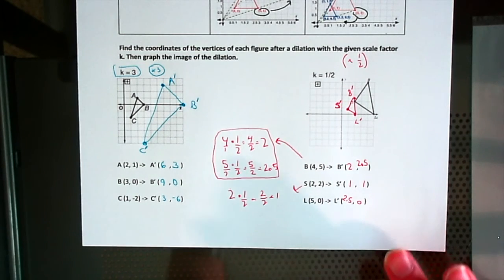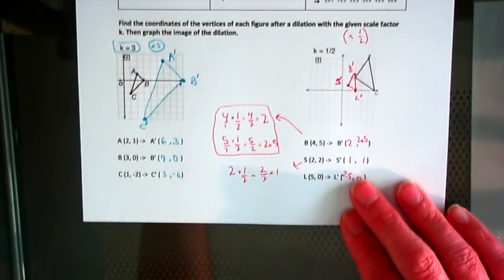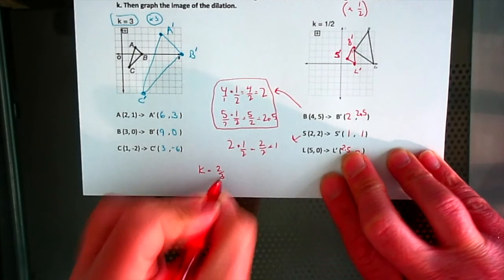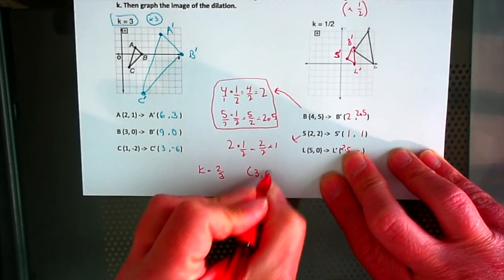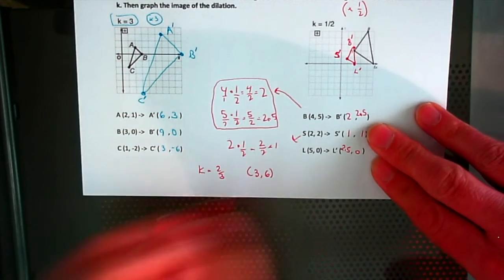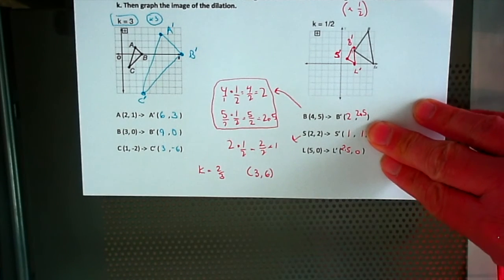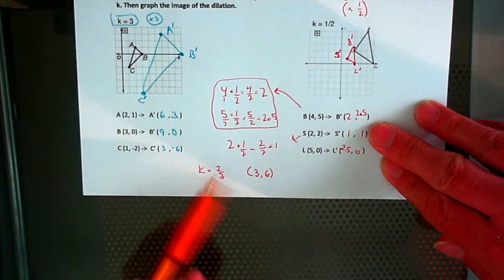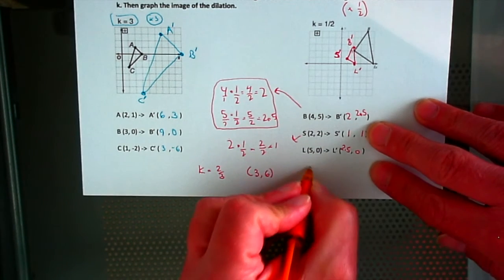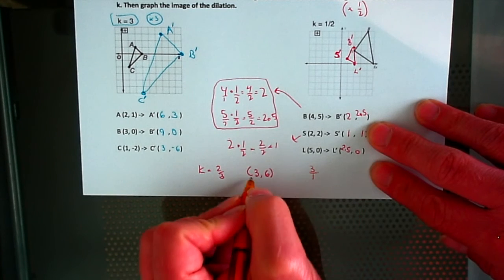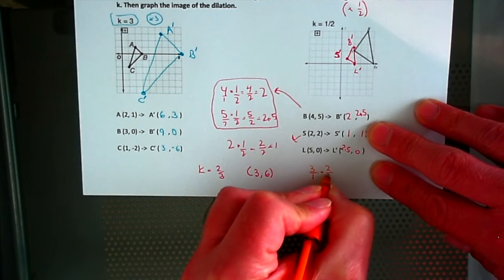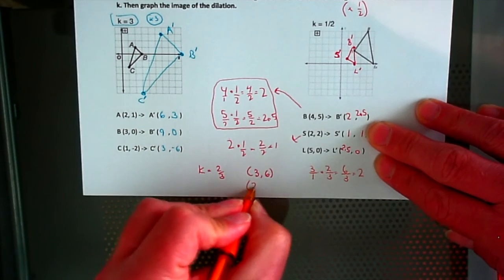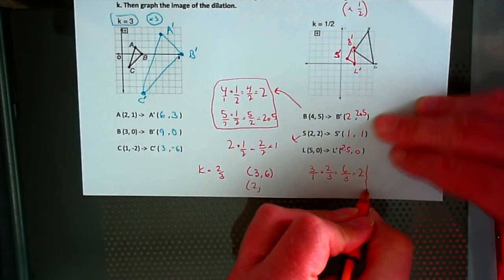Now, the hardest thing that could happen for some of us is if the scale factor k is something like 2/3. If I had something like 3, 6 as my point, I can't divide by 3 because that's not a 1. If it was a 1, I could divide by 3. So I just take 3 over 1 times the 2/3. That becomes 6 over 3, or 2. Then I do the same thing here.